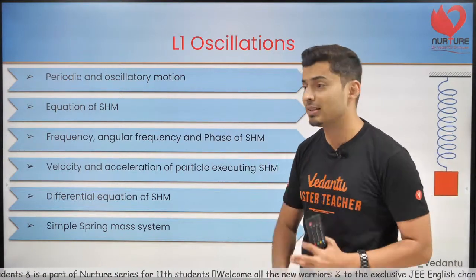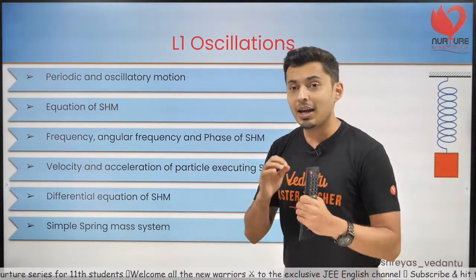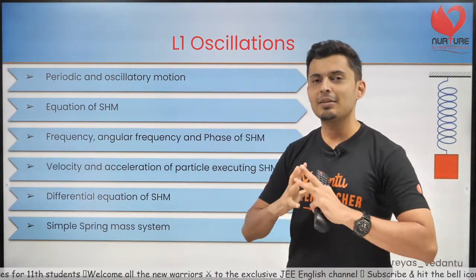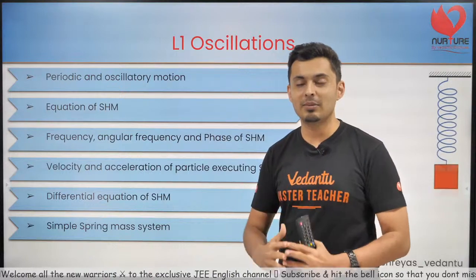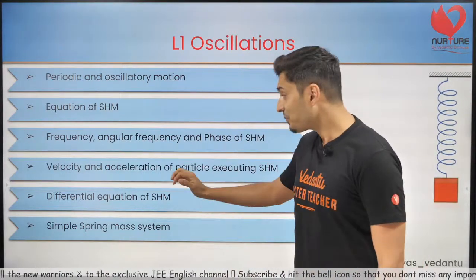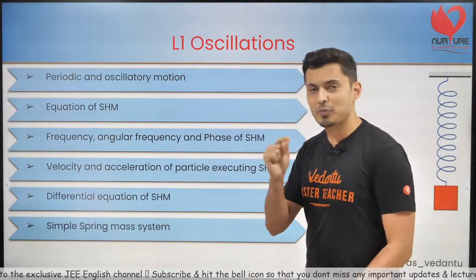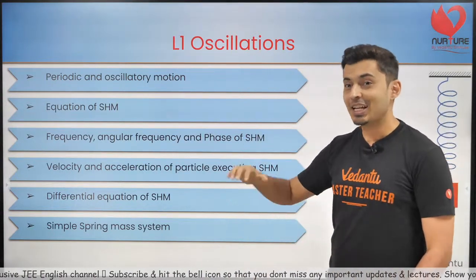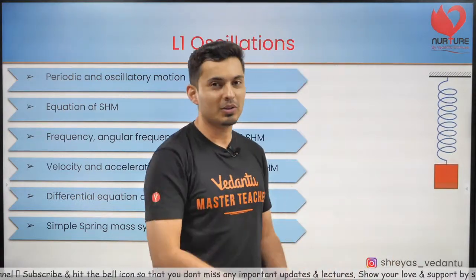How do you find velocity and acceleration? All of that will be dealt today, and you will see that there is a lot of interesting mathematics that blends perfectly well with the physics out here. And we are going to end the class with differential equation and a spring mass system which oscillates. That will lay our foundation for lecture number 2 of oscillation.